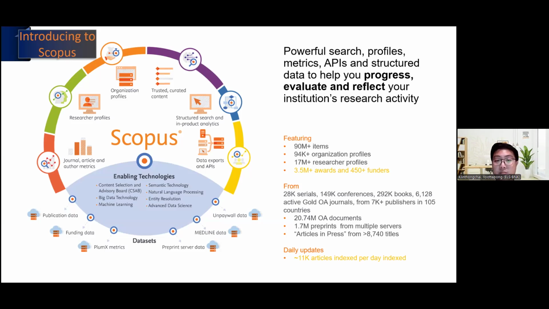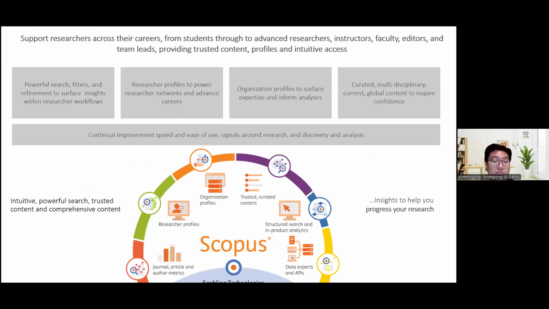Okay. So you may ask me, why don't we use Google or somewhere else? When you access Scopus.com, we also have filters on the left-hand side. Sometimes your advisor, your colleague, or your management asks you to review a topic.